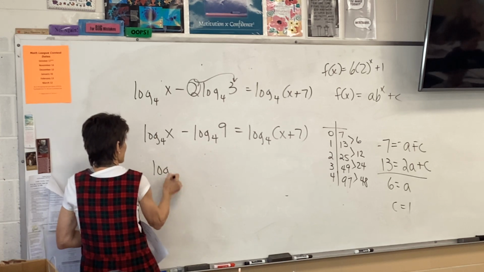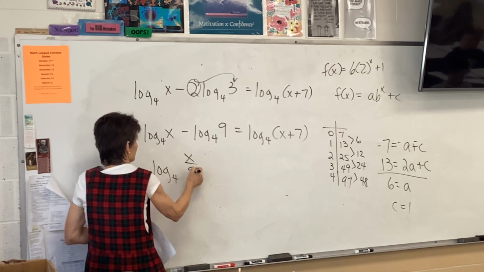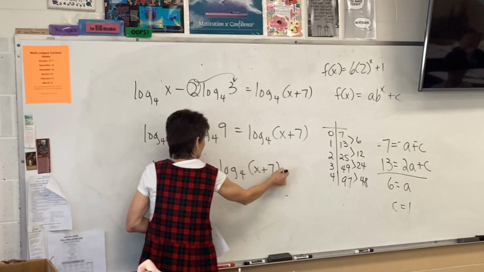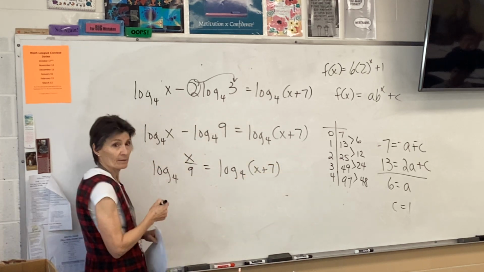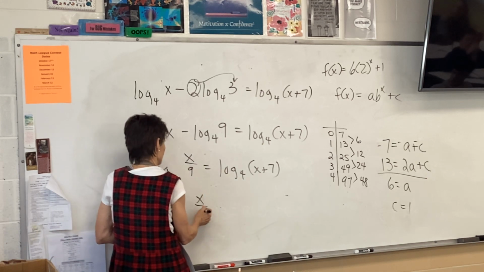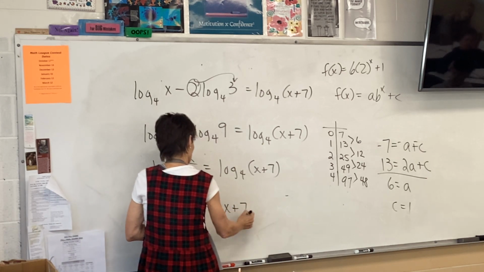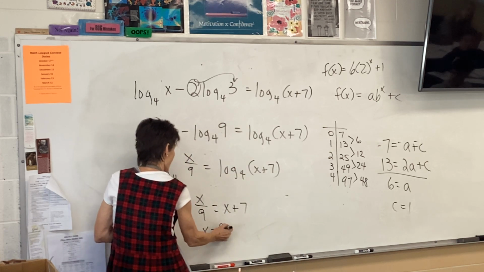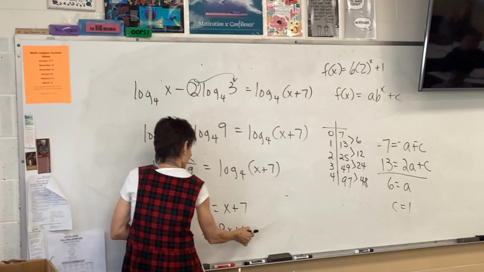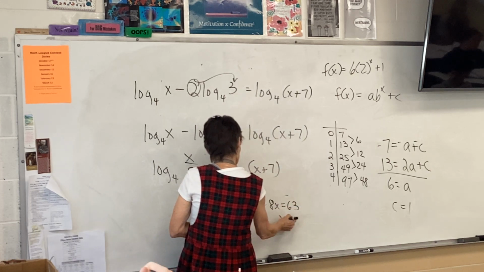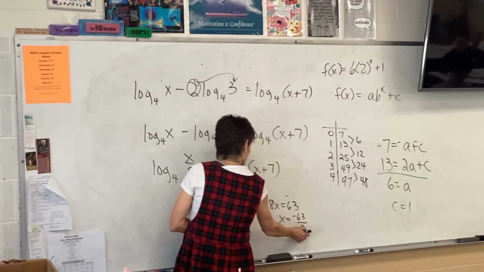It's gonna go together as a division. And then I can just solve the equation. So let's see, x equals 9x plus 63, negative 8x equals 63, negative 63/8.